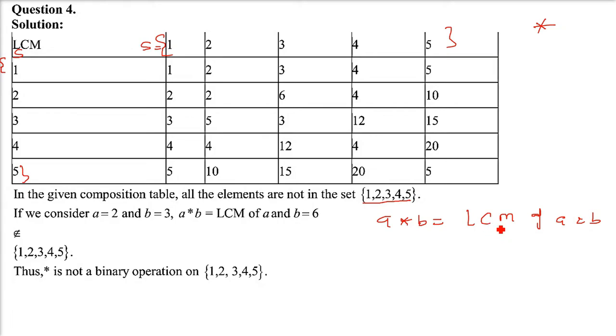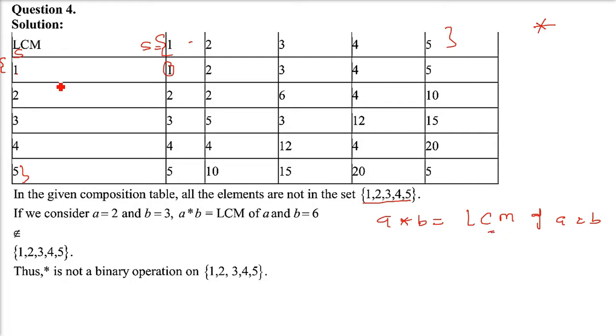LCM is the lowest common multiple. That is the value which is divisible by all the values which are making the LCM. So I'm just showing you here, I'm not making the table. The same set you have to write in the column and the row. The first a you have to take from the first column, the b has to be taken from the first row.